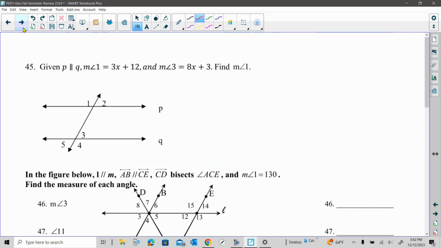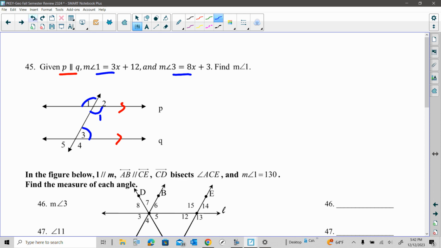All right, and then we're going to solve algebraically. They want us to use the fact that the lines are parallel to find the measure of the angle. Well, I'm focusing on angle 1 and angle 3. Angle 1 and 3 don't have any special relationship, but if I make this vertical, one could have the same measure here.